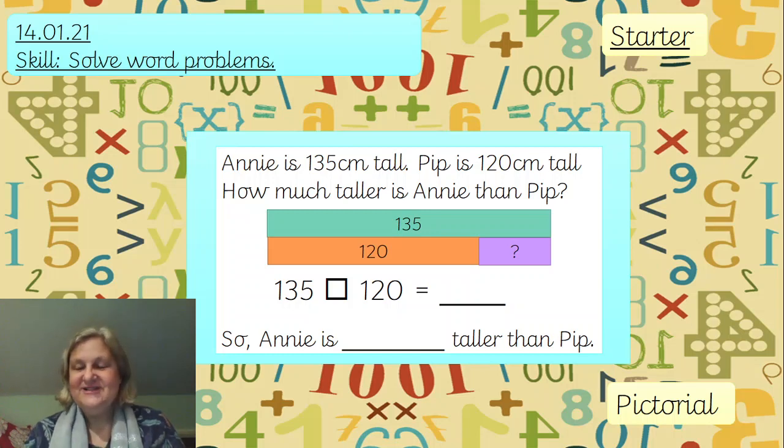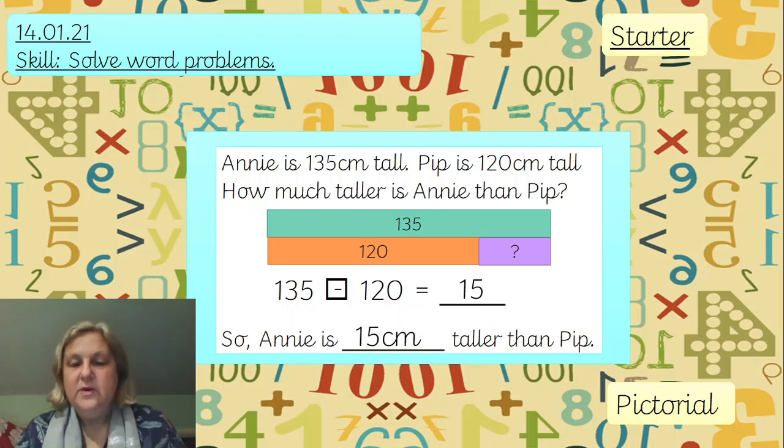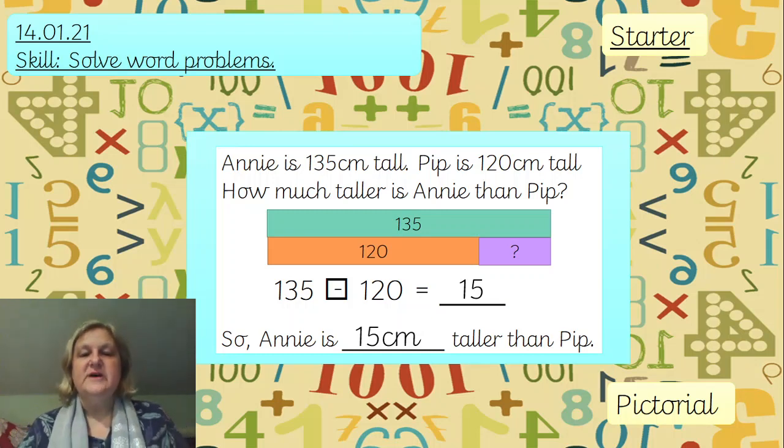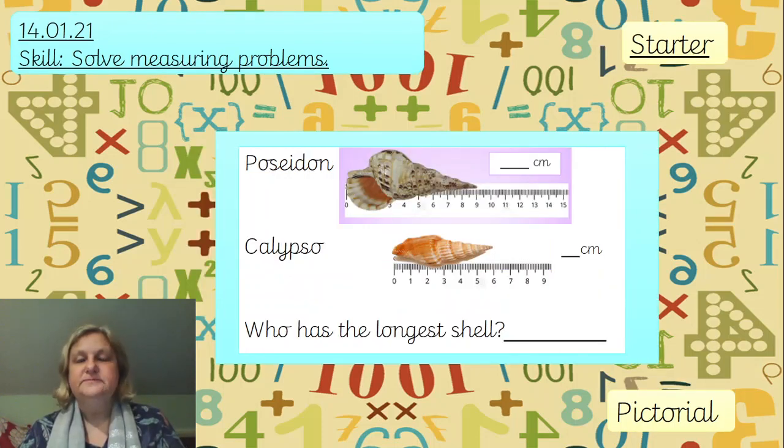And you're ready to restart, and hopefully you've got the answer of 15. 135, take away 100 is 35, take away 20 is 15. So we're putting it back in the bottom here with the unit of measure, the centimetres, making sure we put those in. This is the core challenge for your starter. Got Poseidon here. What's he measuring? Who is it asking you to compare today?